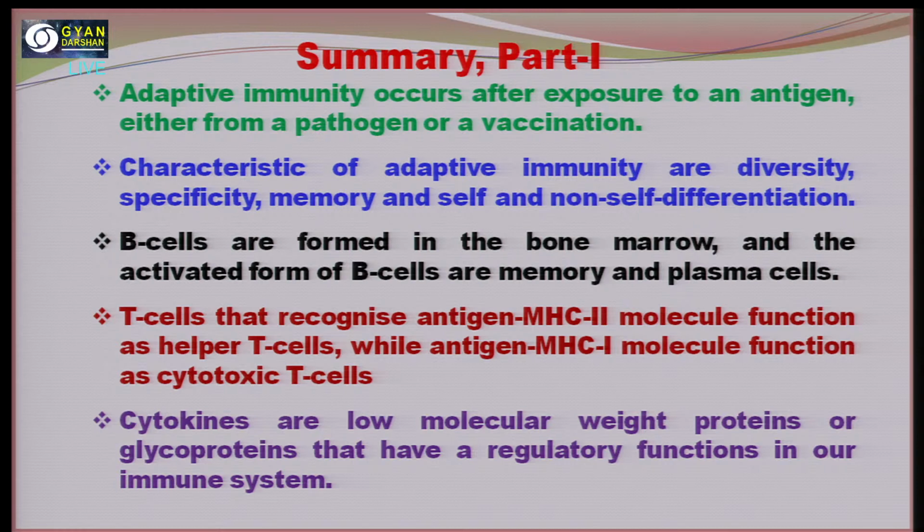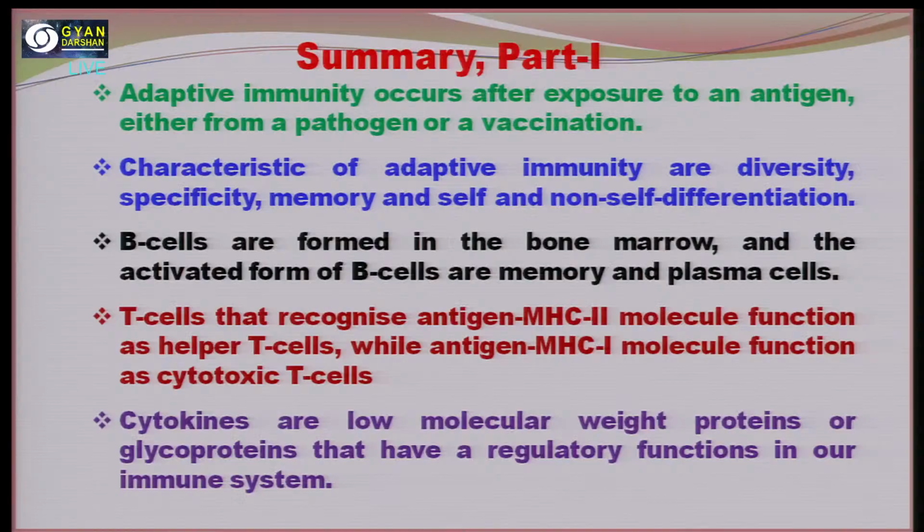You have also learned the characteristics of adaptive immunity: diversity, specificity, memory cells, and self and non-self differentiation. B cells are formed in the bone marrow and become activated B cells, memory cells and plasma cells. T cells recognize antigen with MHC second molecule functioning as T helper cells, while the antigen with MHC first molecule functions as cytotoxic T cells.